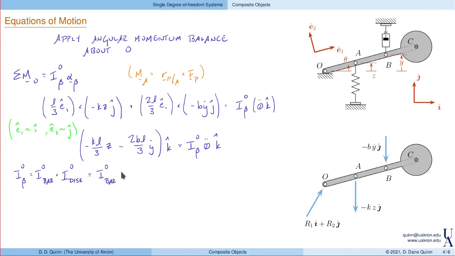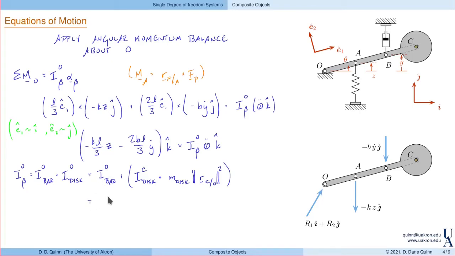It is a fairly common thing, so I'll just take that directly. But for the moment of inertia of the disk, I will use the parallel axis theorem to figure that out. It's the moment of inertia of the disk about its center of mass, which is located at C, plus the mass of the disk times the distance between C and O squared.